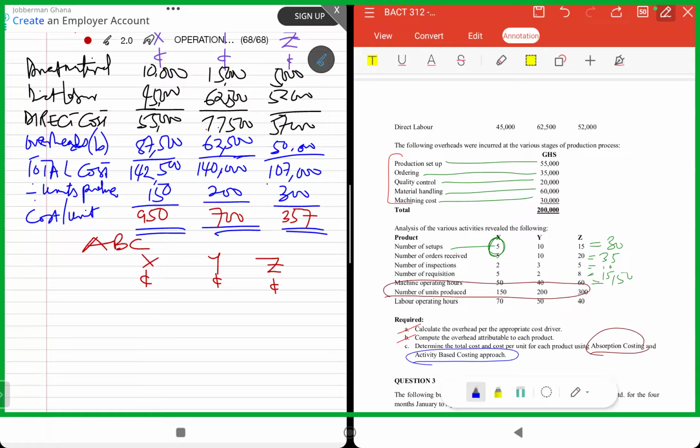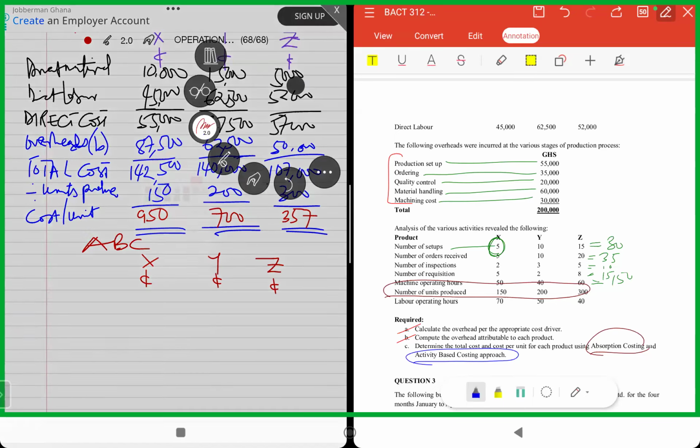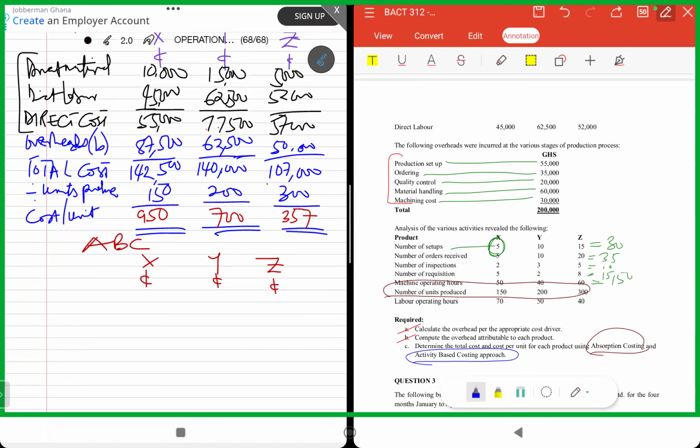That's it. So I'll just copy the direct material, the direct cost, everything. I'll copy and paste the same thing here. So direct material, direct labor, direct costs. So direct material is 10,000, 15,000, 5,000, 45,000, 62,500, and 52,000.